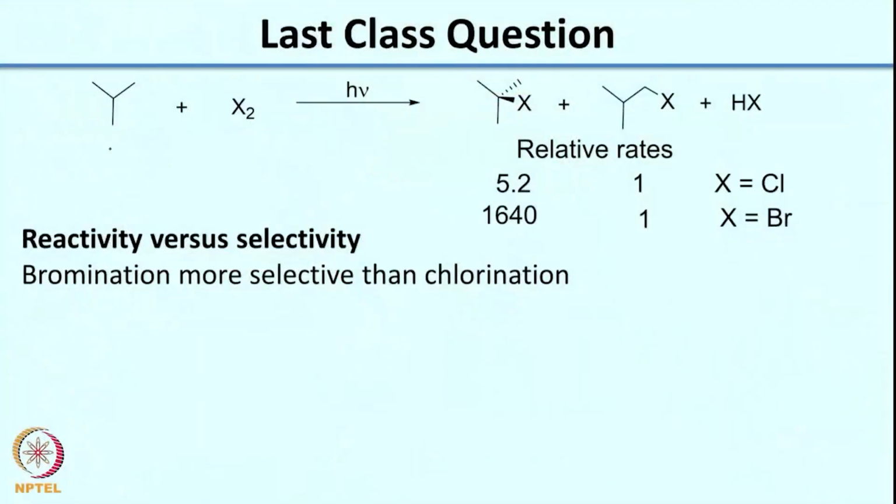So the very first step of the reaction would be the homolysis of X2. We had done this when we were looking at mechanisms of free radical reactions. Now this process takes place very quickly, so this would not be the rate determining step.